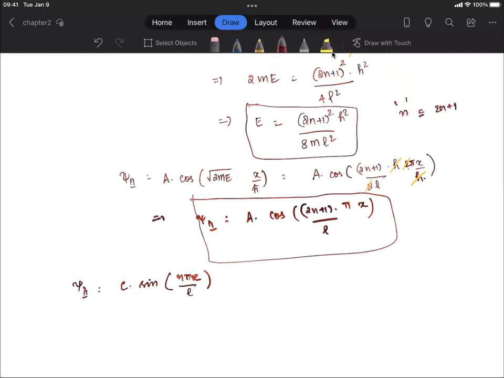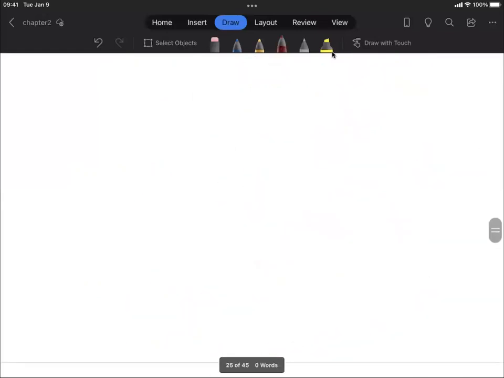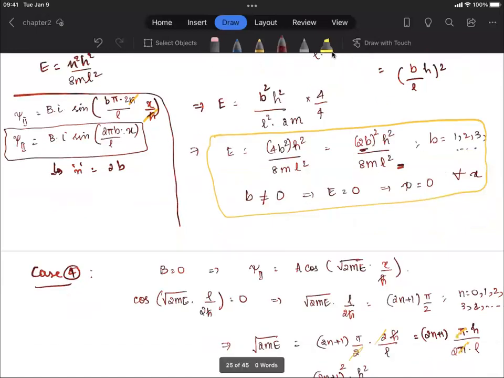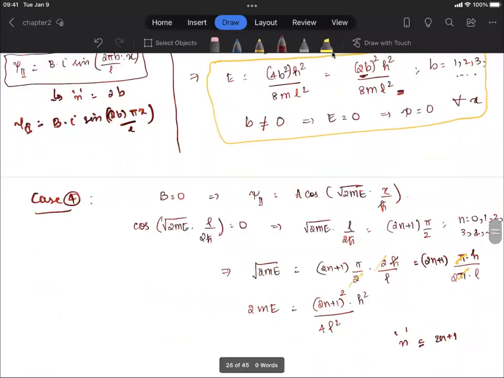So we still have some term times n pi x over L, or in this case, we have B times I, which can be some constant, times sine of 2B pi x over L. The n given in the text is the equivalent of 2B that we have here. So our wave function is very similar to what was derived in the book.